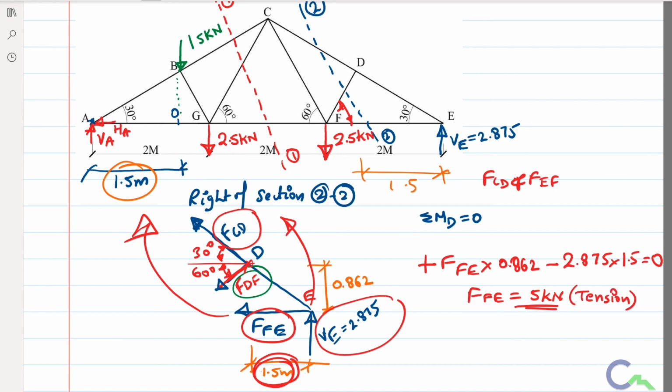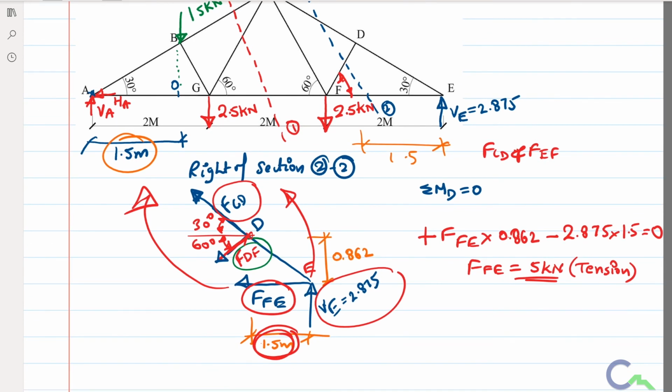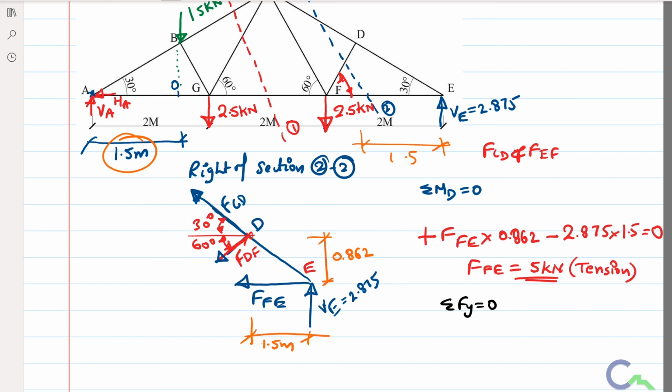Our assumption is correct. Now I want to calculate the FCD value. For that I take summation of vertical forces equal to 0. First force I consider is 2.875, which is acting upward.